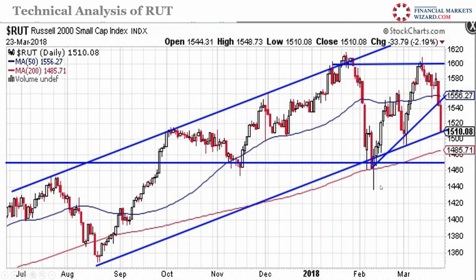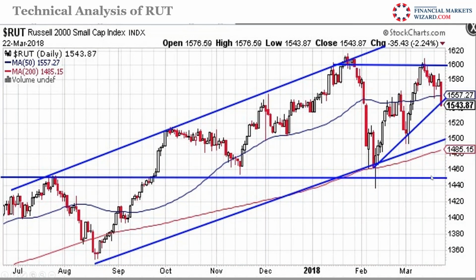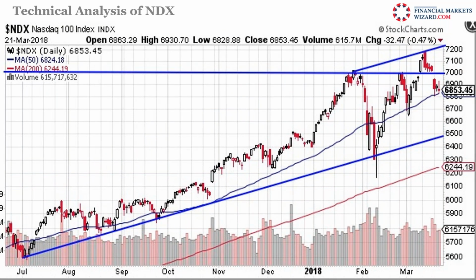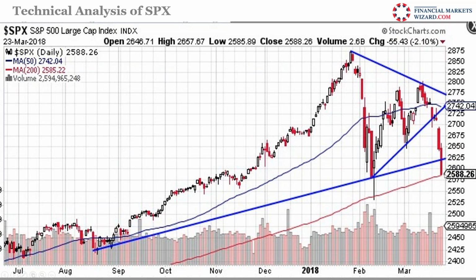So Russell is way far, and I would watch the S&P because the S&P is sitting right at the 200-day. This is the main index for me for Monday. I would have to watch what the S&P is doing. Is it holding this? And the way the market moves, an intraday reversal comes. Let's say the market moves down on Monday and nothing happens.